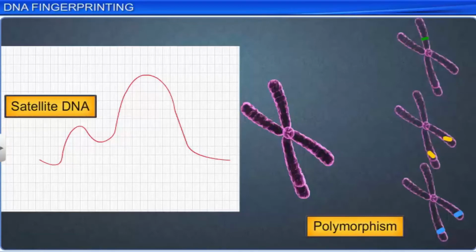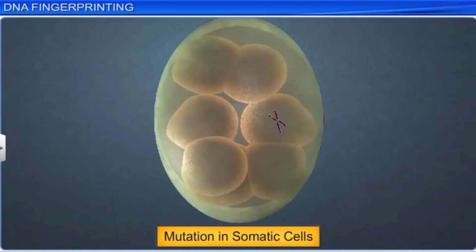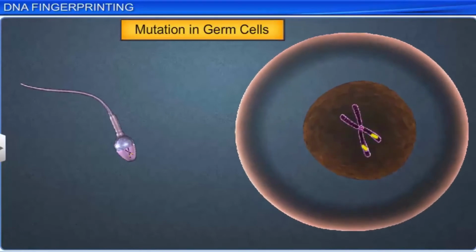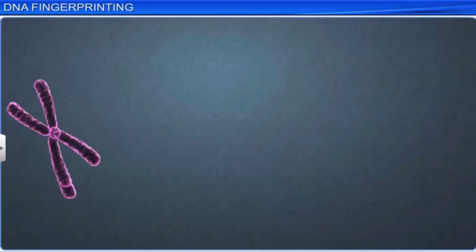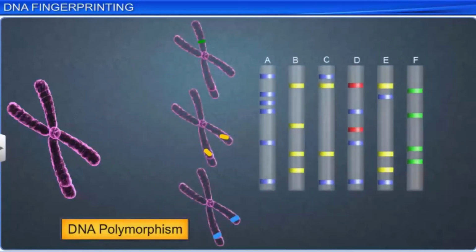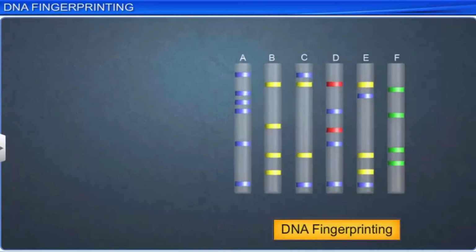DNA polymorphism is the result of mutations in either somatic cells or germ cells, which accumulates over generations. DNA polymorphism is the guiding principle behind genetic mapping and therefore helps in the DNA fingerprinting technique. The DNA fingerprinting technique was developed by Alec Jeffreys.